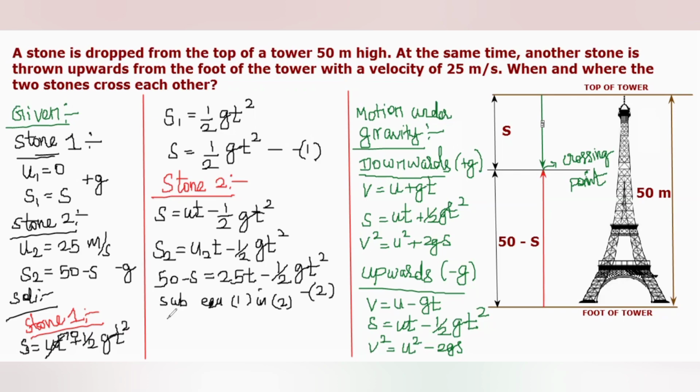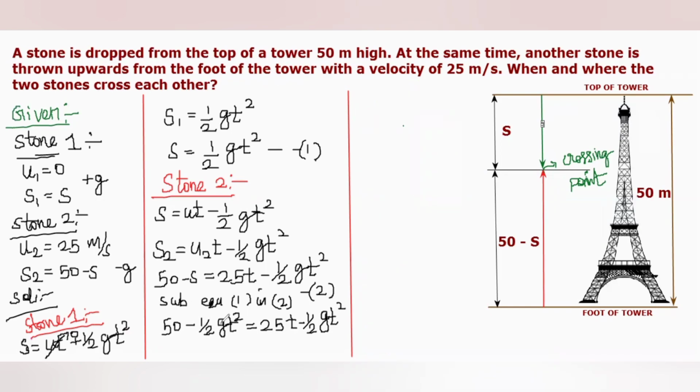That is, 50 minus 1/2 gt², where instead of S we substitute the value of 1/2 gt², equals 25t minus 1/2 gt².